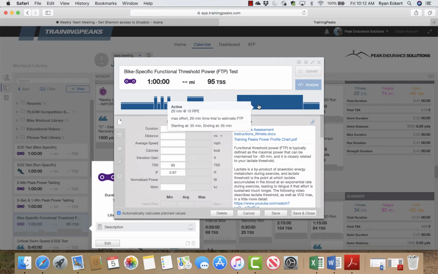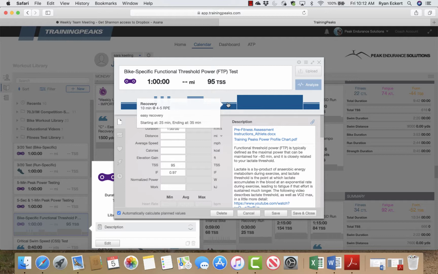You'd also want to make sure that you eat the same thing before you do the test as you did last time, because little things like that can affect how you feel and therefore affect the outcome of the test. By trying to control your environment and your circumstances as much as possible, it's going to lead to a more reliable test. So whether it's this test or a different test, what matters is that you're doing it under the same conditions and circumstances every time.